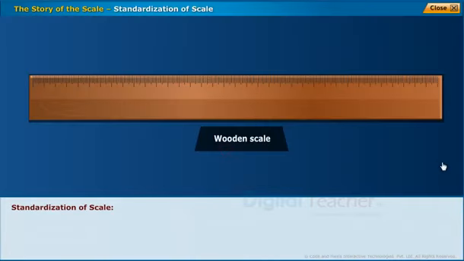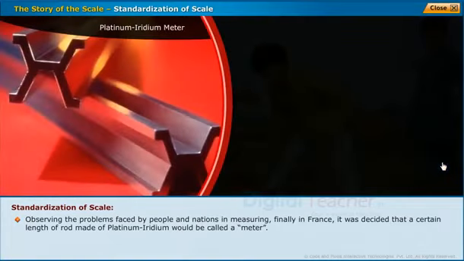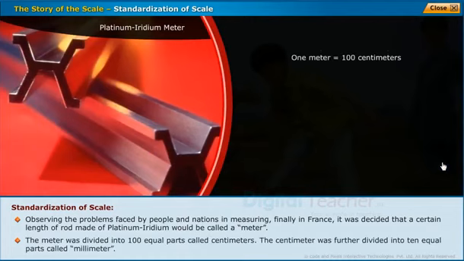Standardization of scale. Observing the problems faced by people and nations in measuring, finally in France, it was decided that a certain length of rod made of platinum iridium would be called a meter. The meter was divided into 100 equal parts called centimeters. The centimeter was further divided into 10 equal parts called millimeters.